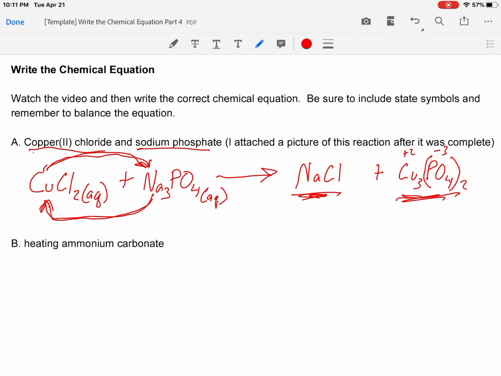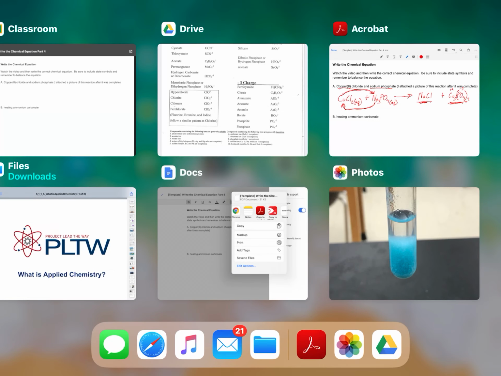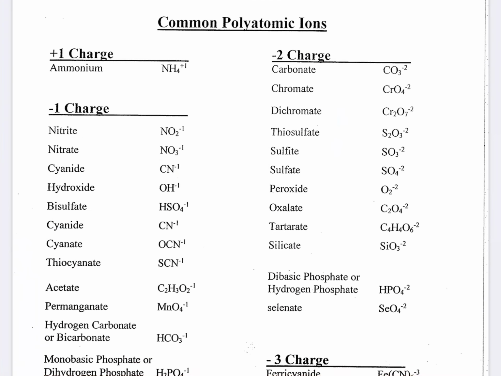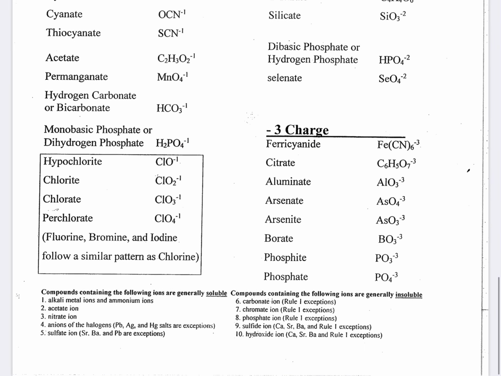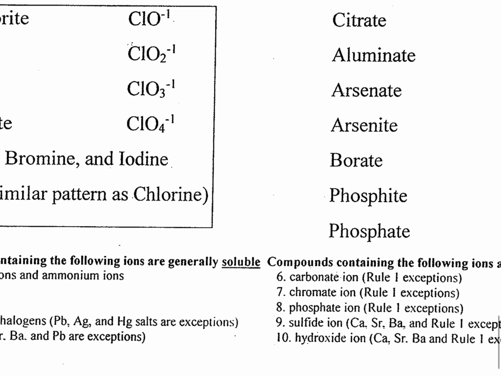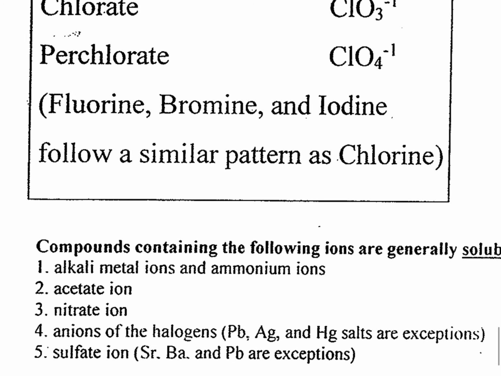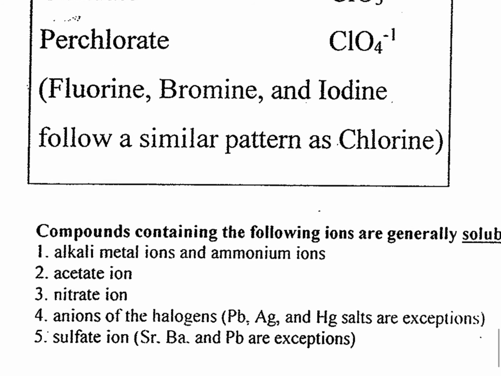So to do that, we follow what are called solubility rules. I have them conveniently printed on the back side of our periodic table, along with all the polyatomic ions. If you look down here at the bottom, we've got solubility rules. And they basically come in 2 categories.